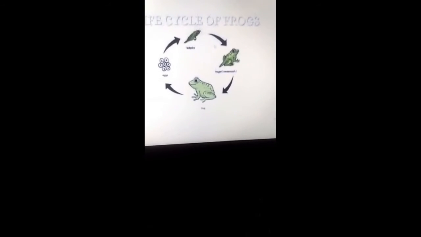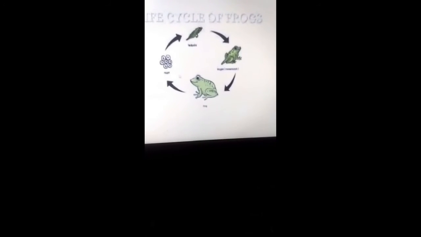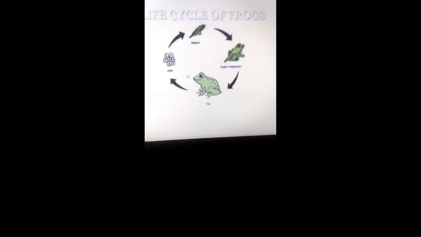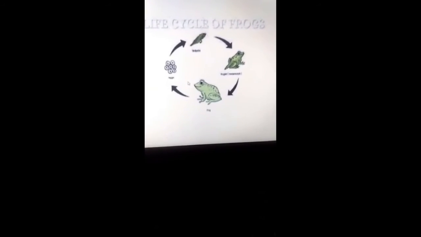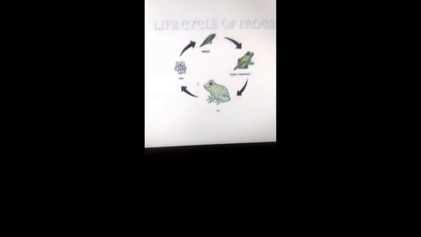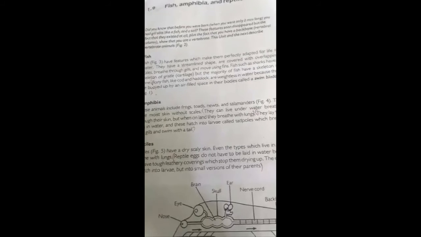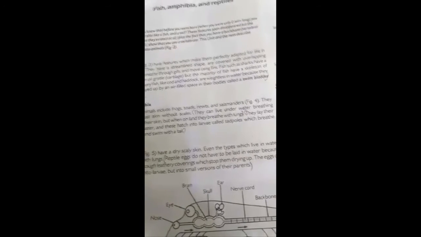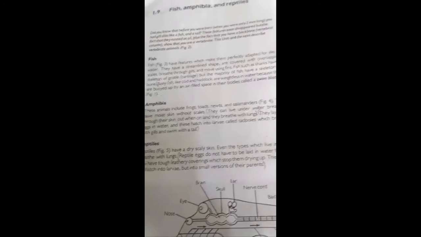So this is their life cycle. Frogs also live in water, but when they lay their eggs, they come out of the water, or sometimes they even lay their eggs in water. So frogs, when they are in the water, breathe with their skin, but when they are on land, they breathe with their lungs.